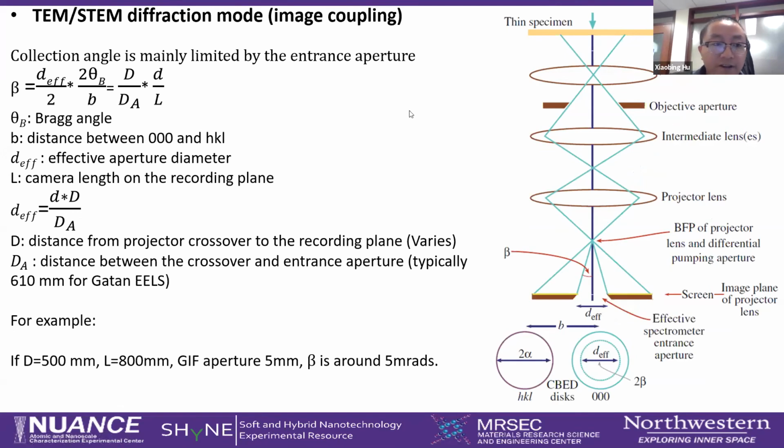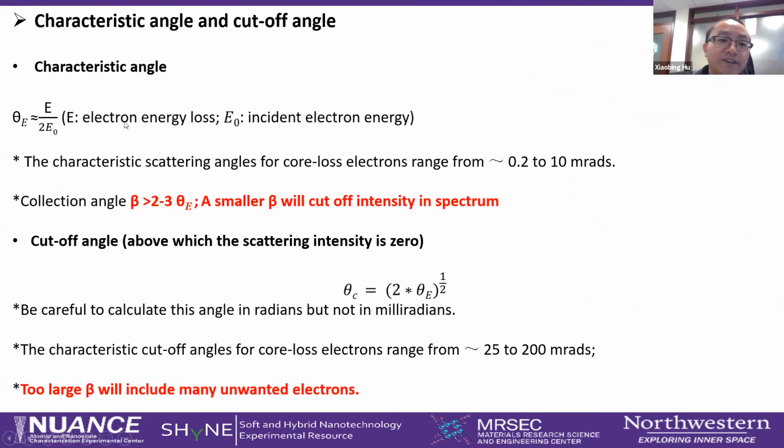Later on, I would like to say that an important thing is how to select the suitable collection angle. For example, this is a characteristic angle for each element. For most elements, the characteristic scattering angle for a core-loss electron ranges from 0.2 to 10 milliradians.